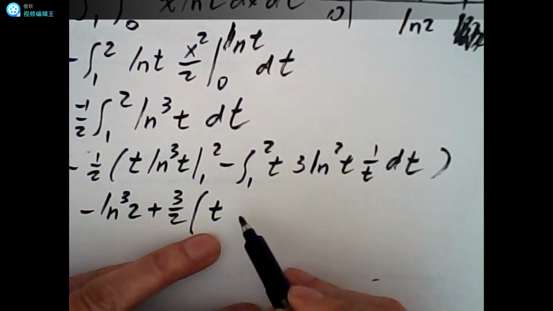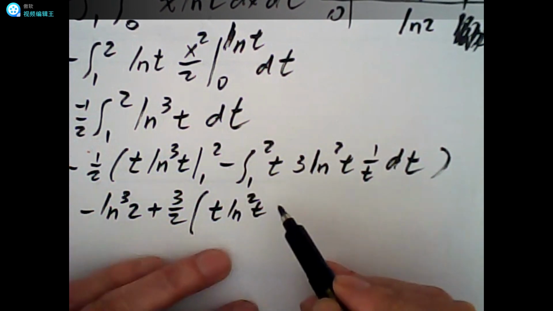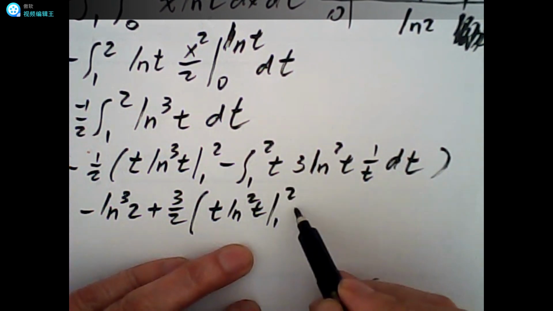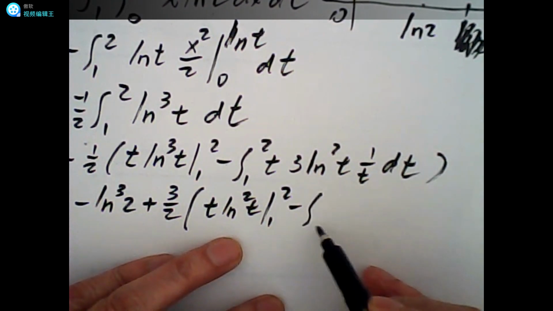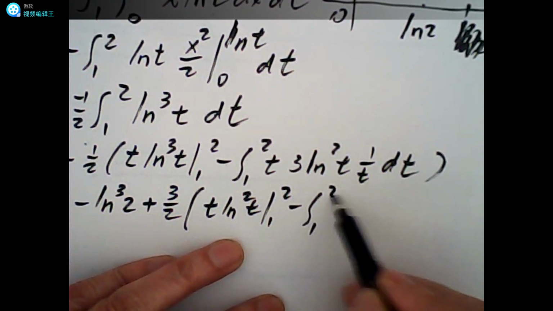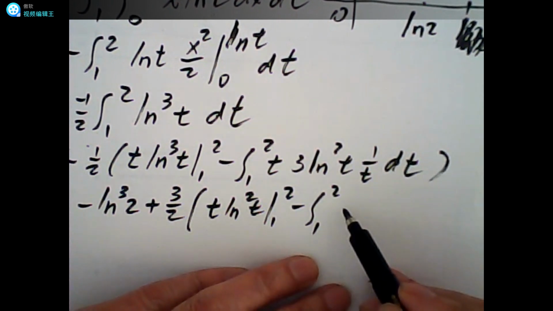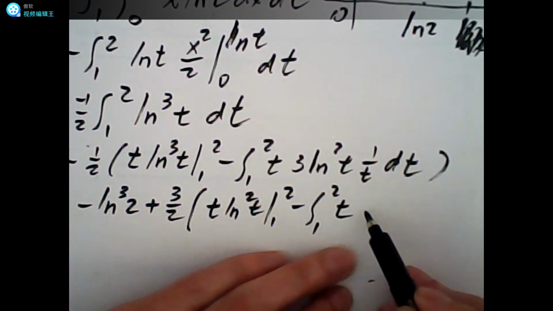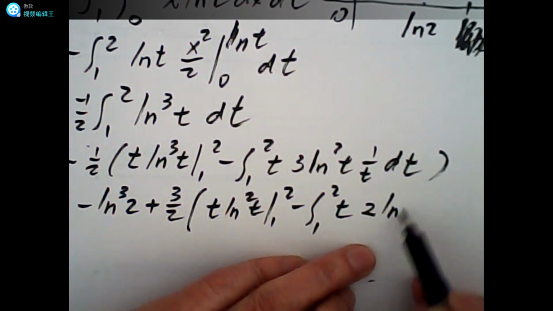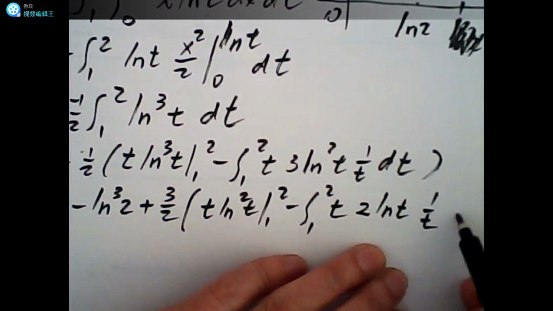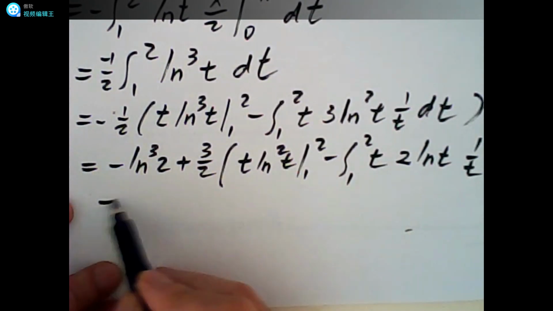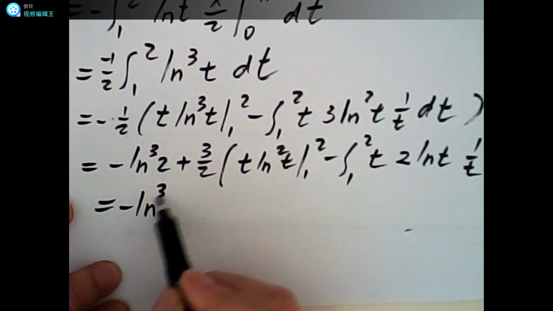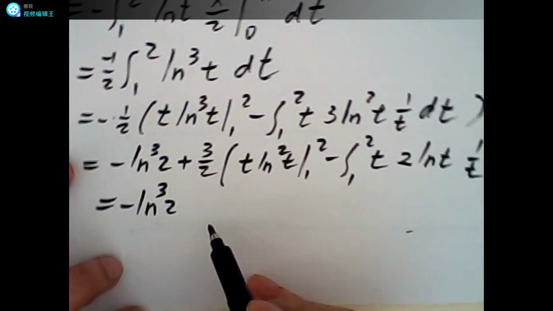V is t, right? Log square t from 1 to 2, minus integral from 1 to 2 of v du. This is v. Du is 2 log t times 1 over t dt. This one is negative log cube 2.